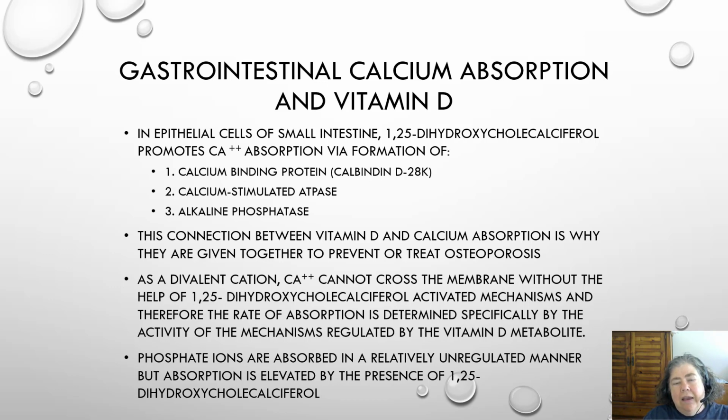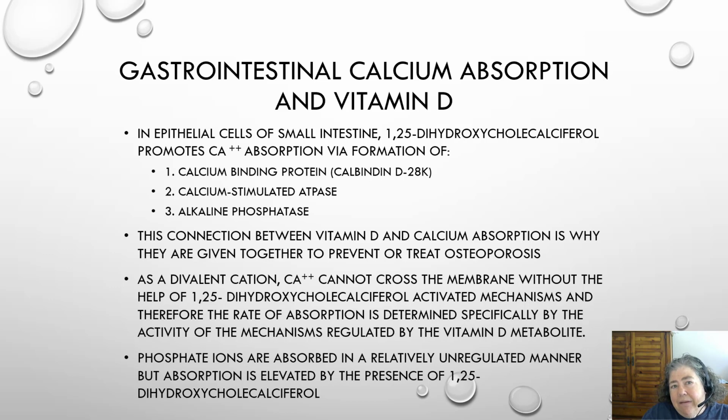This is why when we are treating osteoporosis, or when we are trying to prevent osteoporosis, we give vitamin D and calcium together. Just giving calcium is ineffective if the person has inadequate amounts of activated vitamin D.